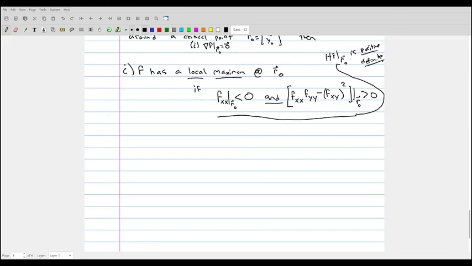So similar to the condition in single variable calculus for a single variable function, if these two things are true for a multivariable function at a critical point of type 1, we can say that that point is a local maximum, or rather, not local maximum but local minimum here.